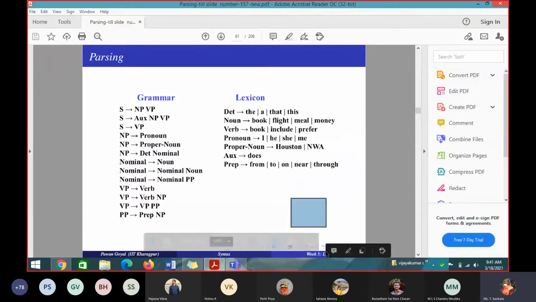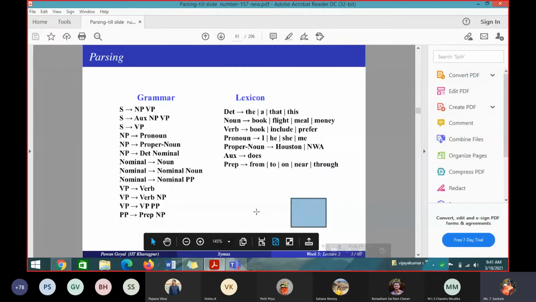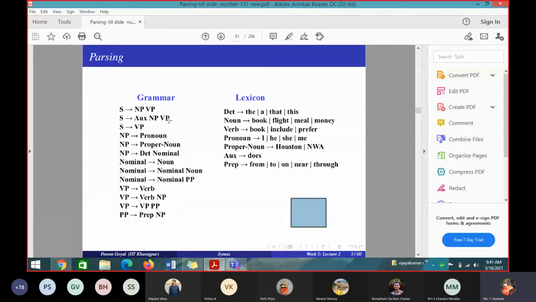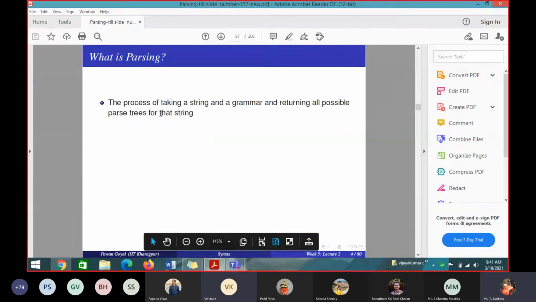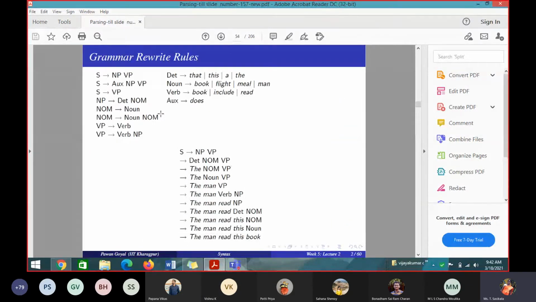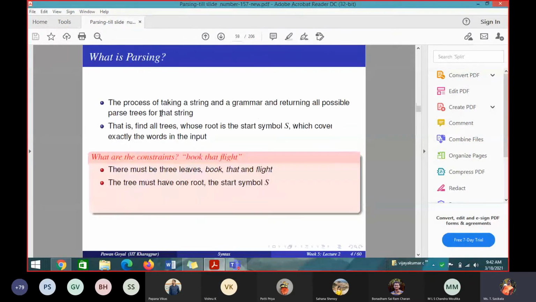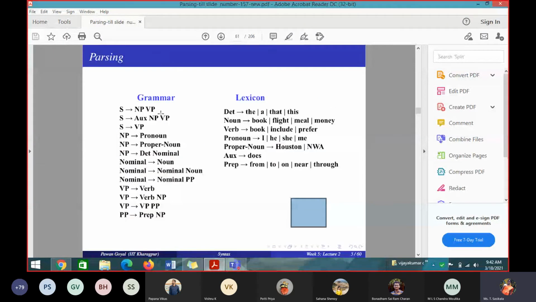Take this lexicon, is this the lexicon you have taken previously, or is it something else? Are these the rules I told you to copy yesterday, or other rules you have copied? I am asking, at least respond. This is something else, right? Okay, can you please copy these rules? I will explain only top-down.